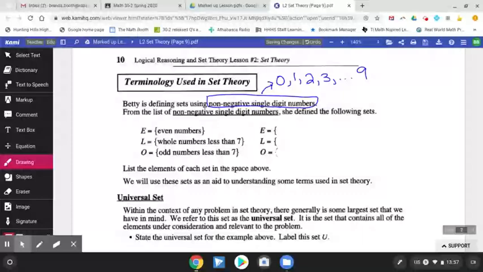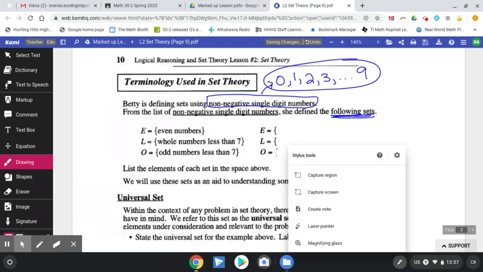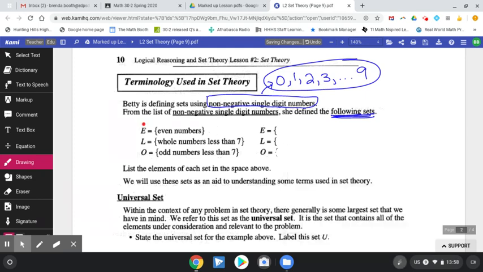All right, so now they've broken it up into other sets, taking the list of numbers that we have here and making some smaller sets from it. We've got set E, which would be even numbers, and over here we will make a list of those.